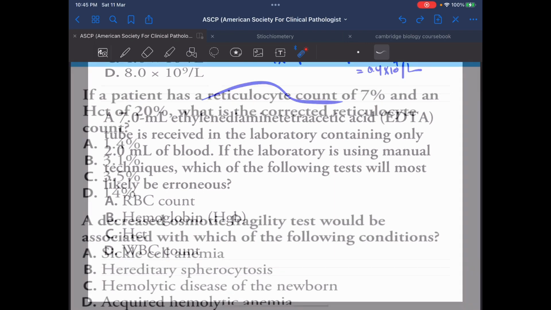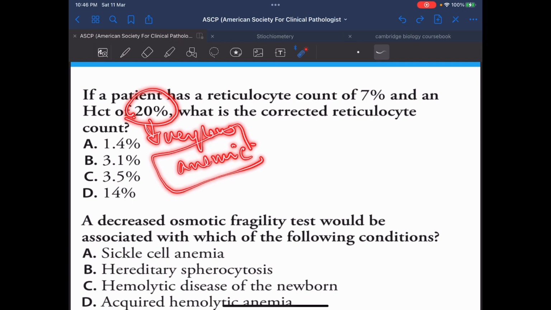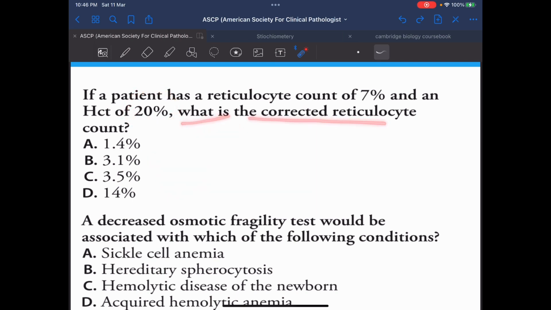Next question, if a patient has a reticulocyte count of 7% and a hematocrit of 20%, 20% is very low, so this means the patient is anemic. What is the corrected reticulocyte count? If hematocrit is very low, this means we need to correct the number of reticulocytes.